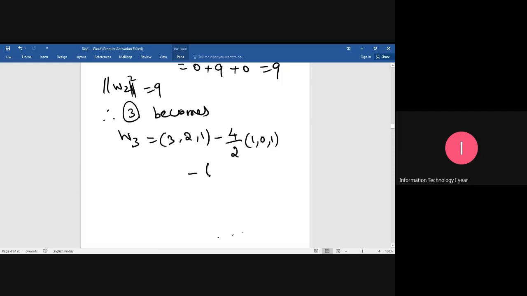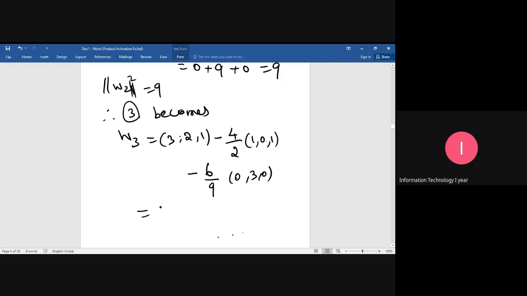V3 W2 is 6, which we calculated, divided by norm W2 square, which we calculated as 9, into W2. W2 is actually 0, 3, 0. Okay, so we have substituted all these values into V3 minus inner product of V3 W1 by norm W1 square into W1 minus inner product of V3 W2 by norm W2 square into W2.